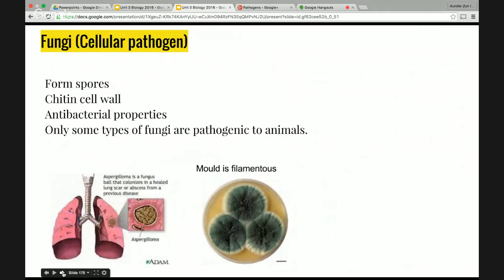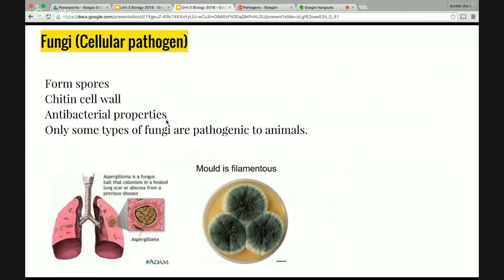Fungi. Fungi are cellular pathogens as well. They form spores, they have a chitin cell wall, they even have antibacterial properties. So often you'll notice that if you have mold growing on a plate, then bacteria will not grow near it because it has antibacterial properties.